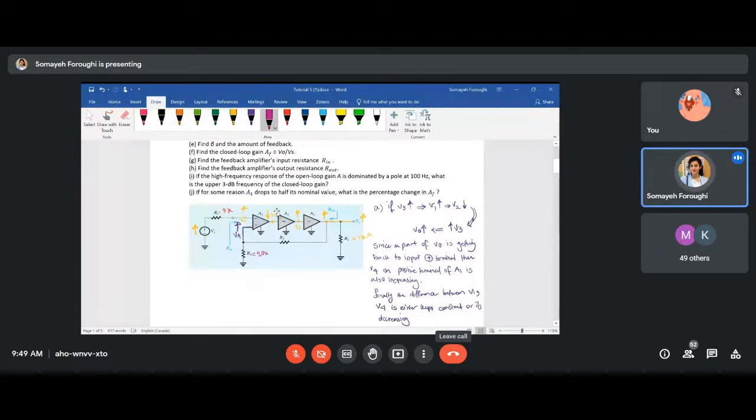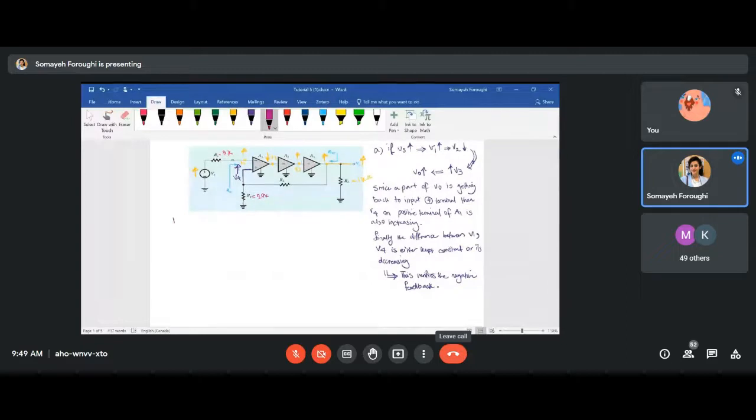I would simply say that our amplifier, an ideal amplifier, feedback gain is assumed to be 5 volt per volt. And on the other hand, I know that AF is 1 per beta.